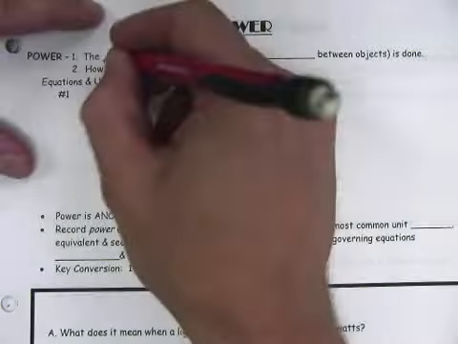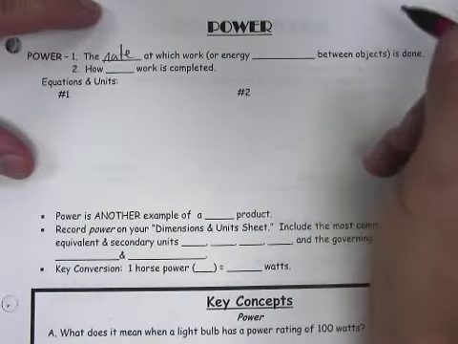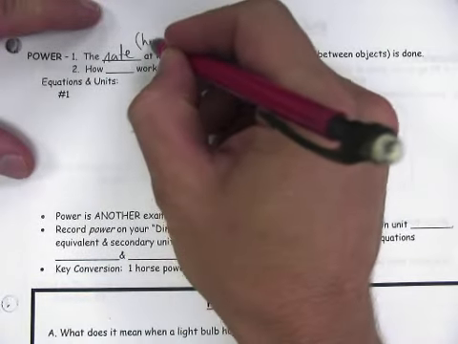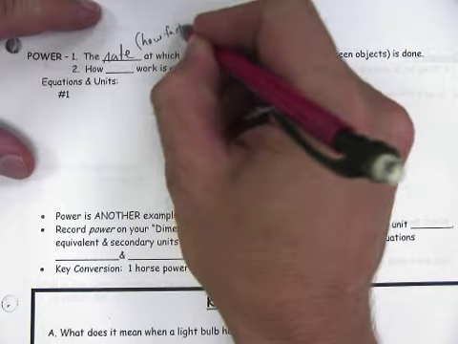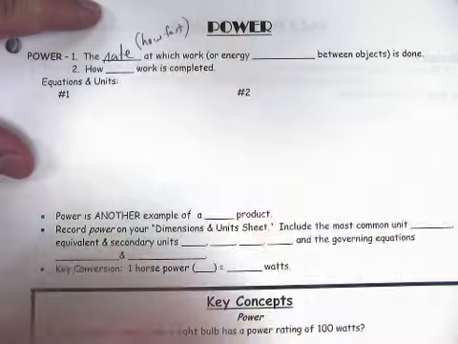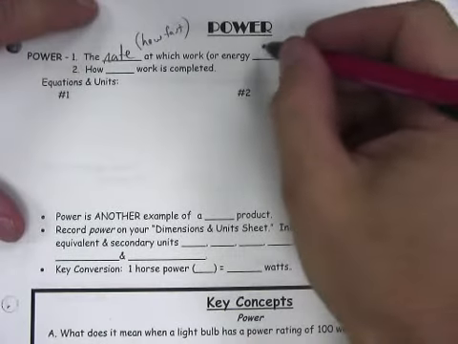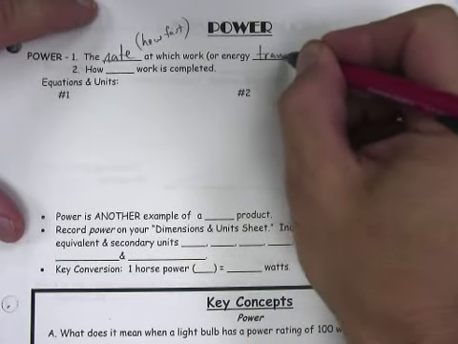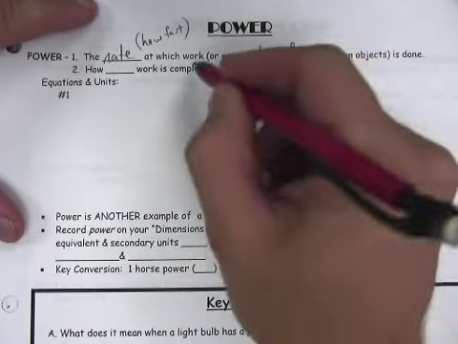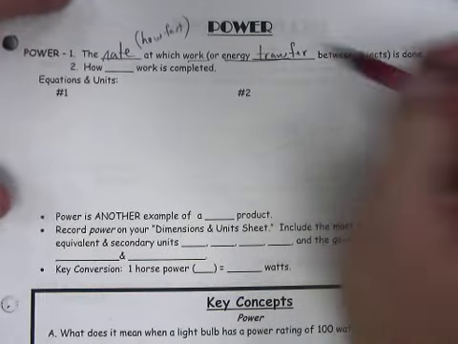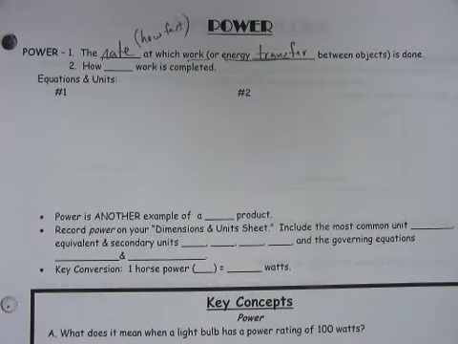Power. This is the rate. So when we think of rate, we want to think about how fast you do something, which is going to be basically what we're going to have in number 2. So it's basically how fast. So the rate at which work or energy transfer. Remember that work is the same thing as transferring energy. So anytime you transfer energy, you're doing work.